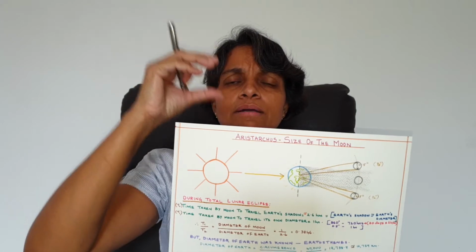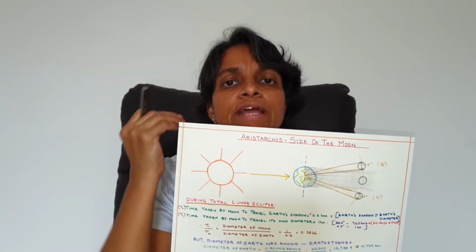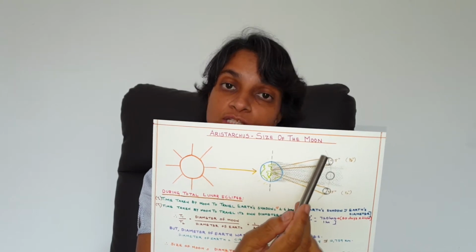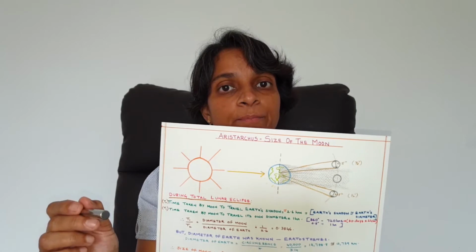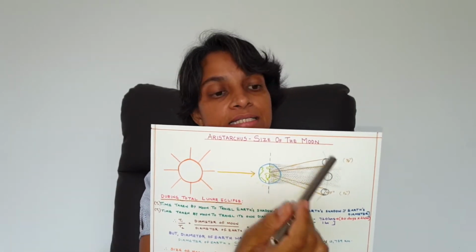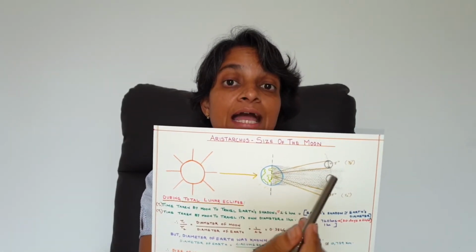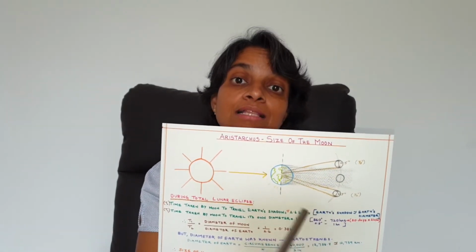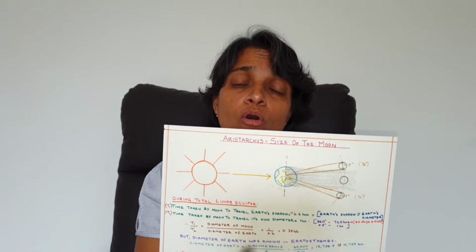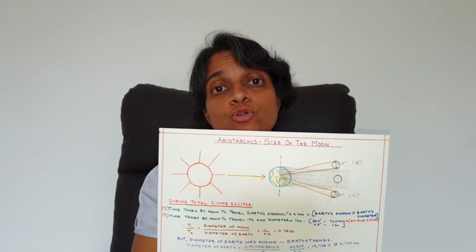So, he came up with a reference frame or a ratio wherein the time taken by the moon to cover its own diameter, 1 hour, is taken as T1, and the time taken by the moon to travel the diameter of the Earth is taken as T2.